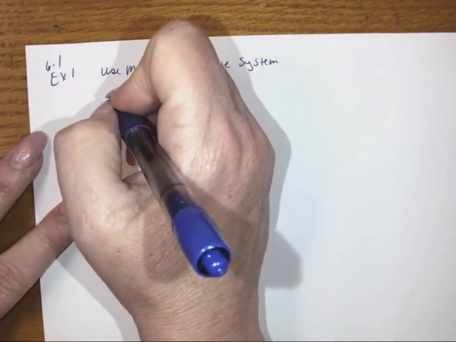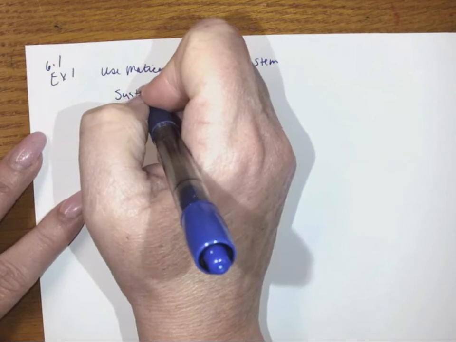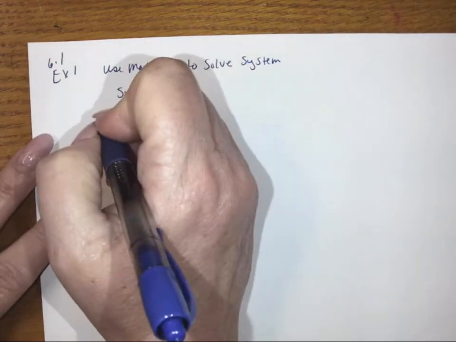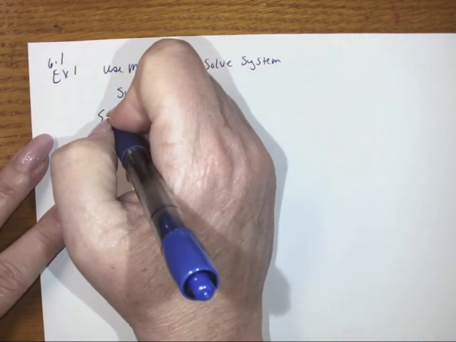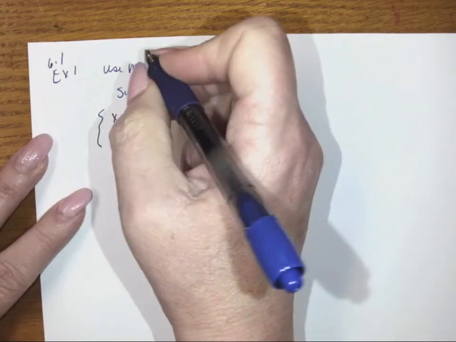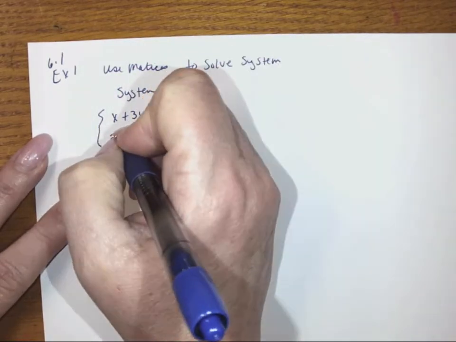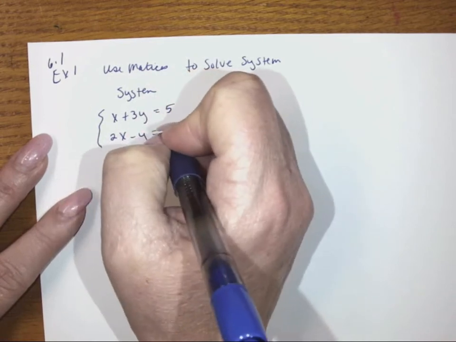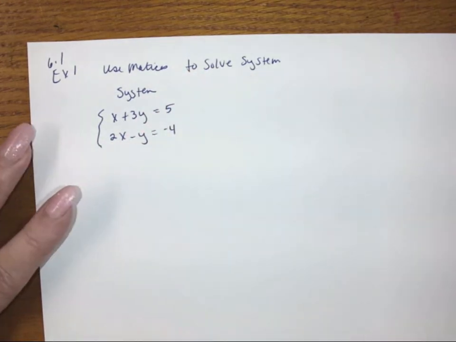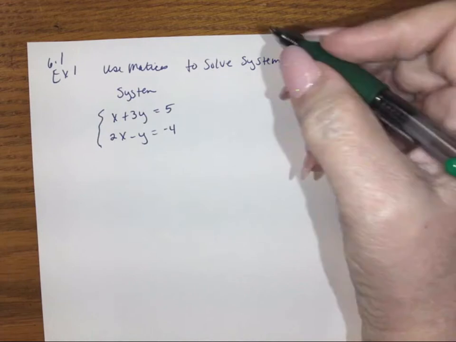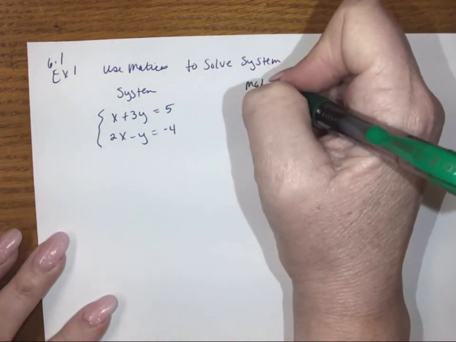All right, so if this is our system, this is a system we've been seeing through this entire section. So x plus 3y equals 5, and 2x minus y equals negative 4. What we need to do is write the matrix that corresponds with this.